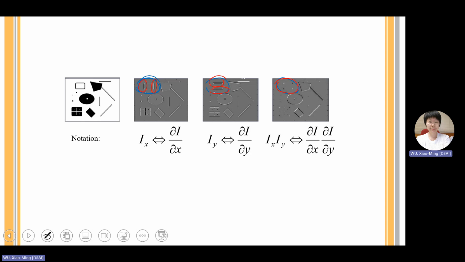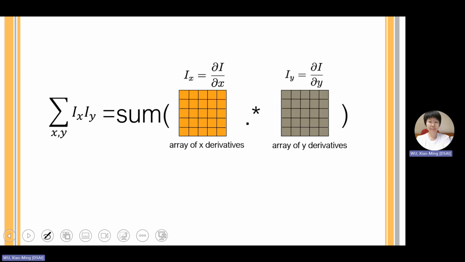You can see all the edges of the square just disappear because their Ix and Iy cannot be non-zero at the same time. Either one of them will be 0. After multiplication the edges just disappear, meaning that this term is 0.